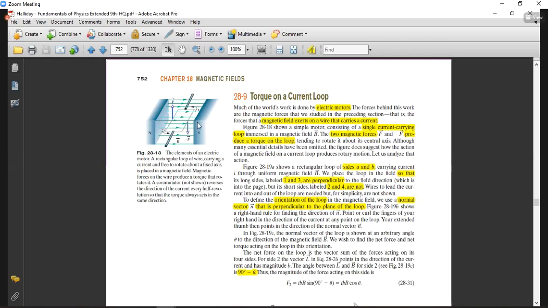How it will rotate, and how much force is acting on each side of the wire, I will let you know. The figure shows a simple motor consisting of a single current carrying wire or loop. Two magnetic forces will act on it here. One is in the upward direction, the other is in the downward direction, and this is basically rotating the body.